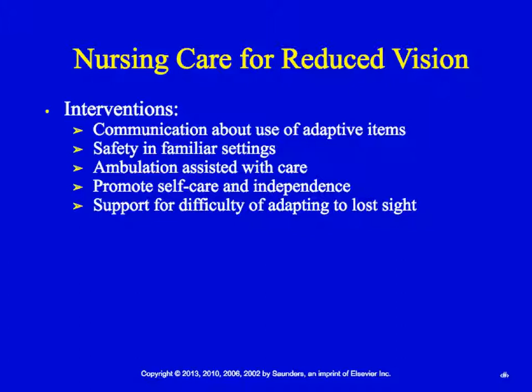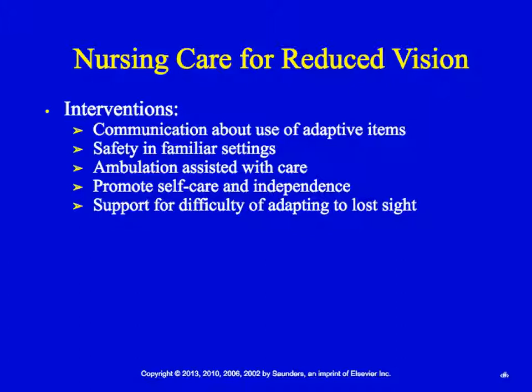They're going to need help with ambulation, especially if they have macular degeneration or other conditions causing serious vision changes. The role of the nurse is to make sure they can maintain their safety, independence, dignity, and self-worth as they lose their vision. That can be pretty hard on somebody, especially if they're losing their privileges to drive and take care of themselves. So the nurse's role is to maintain the safety, independence, and integrity of the patient.